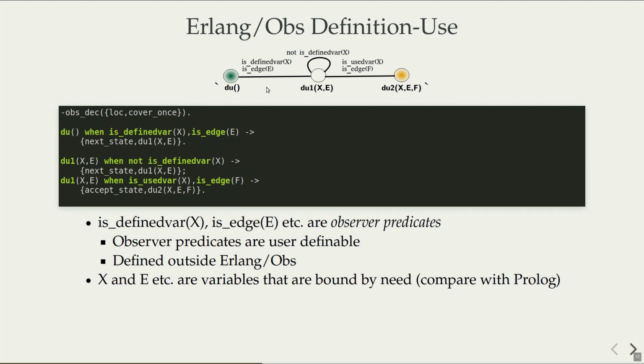And then you continue like that. You check with your observer predicates, and eventually you will reach the final state, which means that this observer accepts this test case or this execution as something that is interesting, or something that we are looking for.